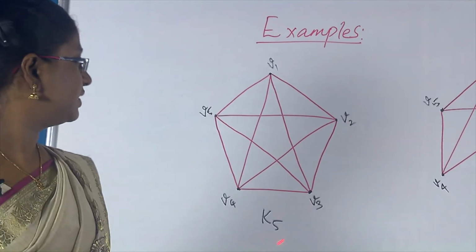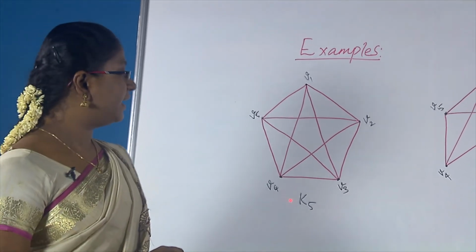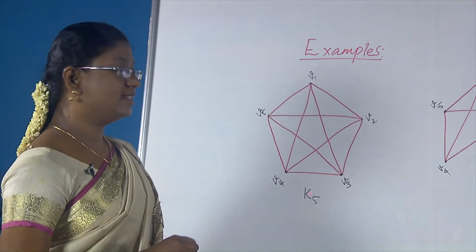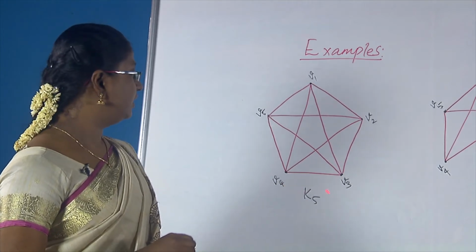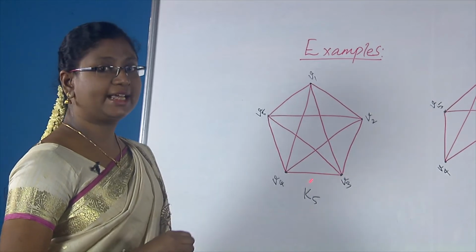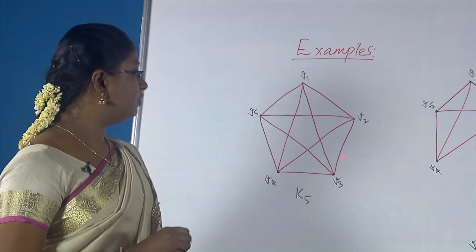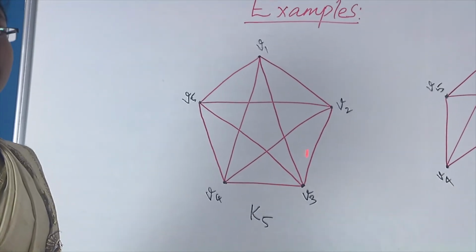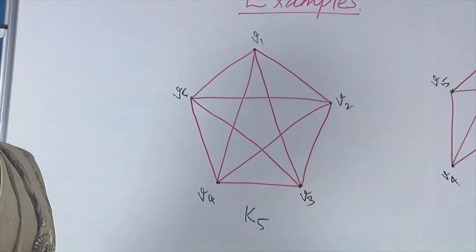Here this is a connected graph since there exists a path between any two vertices, and since this is a complete graph, it should be connected. Now we are going to remove vertices and see whether the graph results in a disconnected graph or a trivial graph.